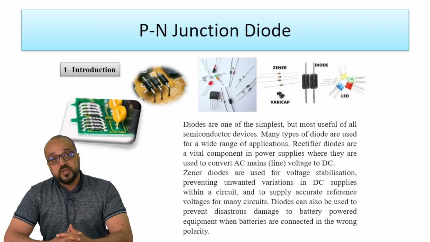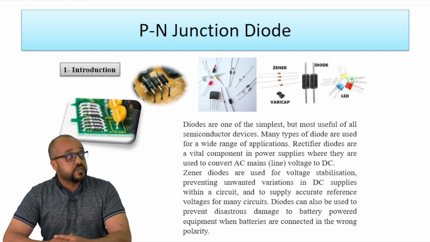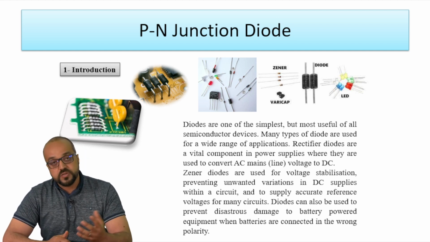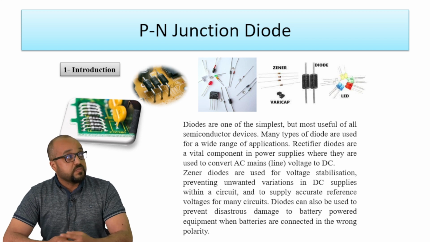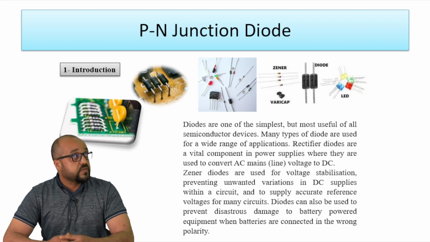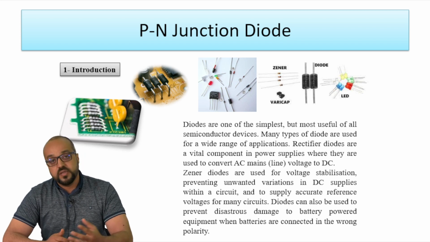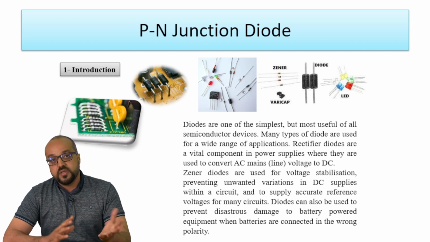As you know, the diodes are one of the simplest circuits, but the most useful of all semiconductor devices. Many types of diodes are used, such as the Zener diodes and others. Rectifier diodes are a vital component in power applications, where they convert alternating current to direct current.